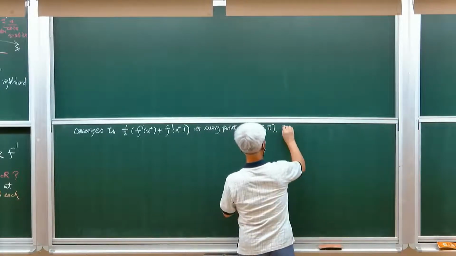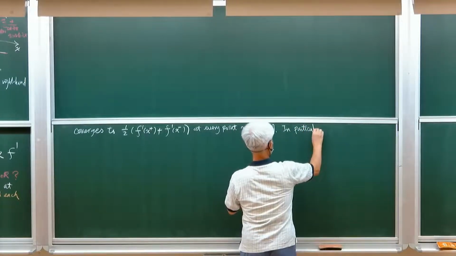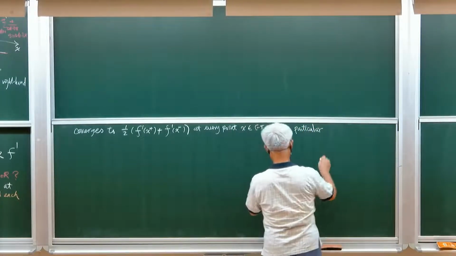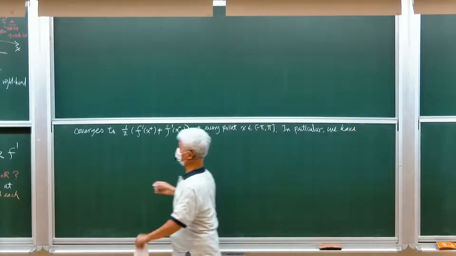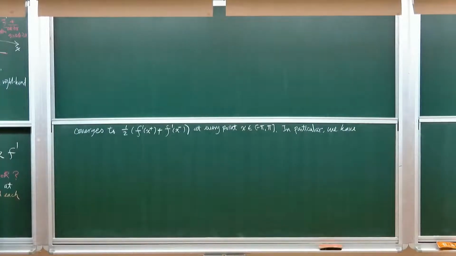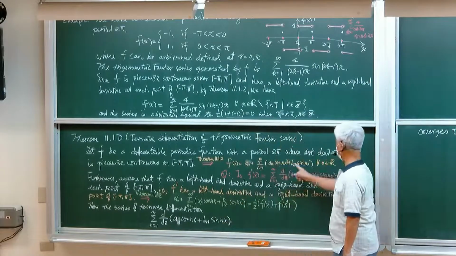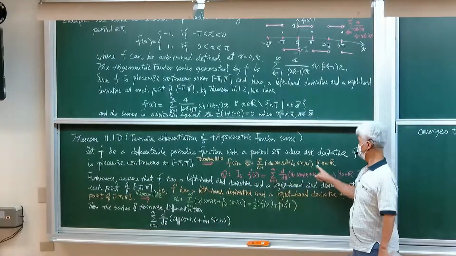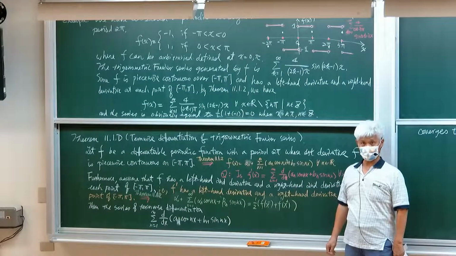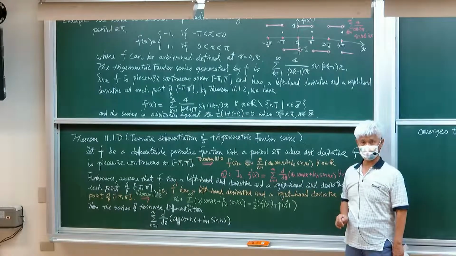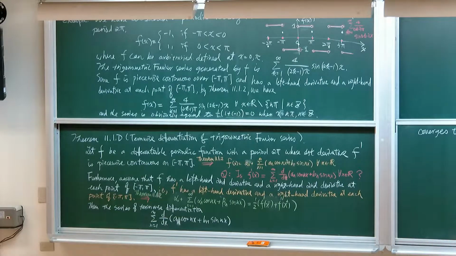All right, and in particular, we have this. So the convergence problem has been solved, right? We answer the convergence problem: this series of term-wise differentiation converges at every point, and the sum is equal to this one.